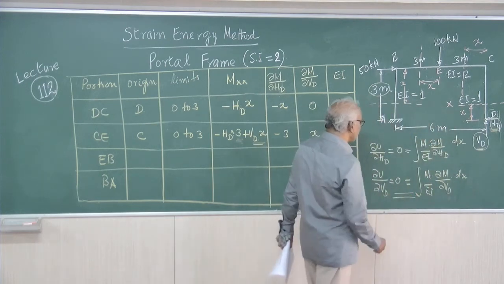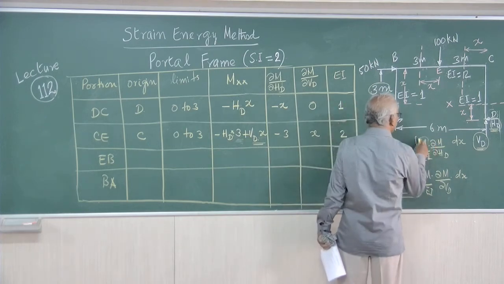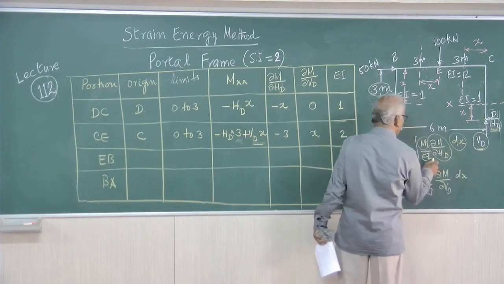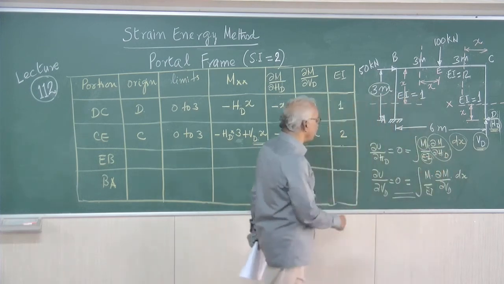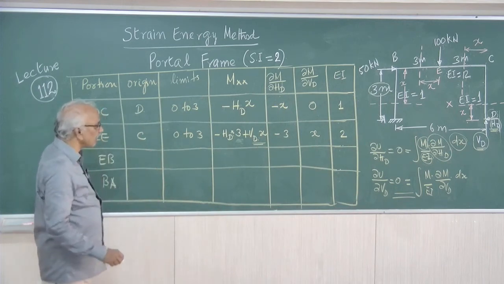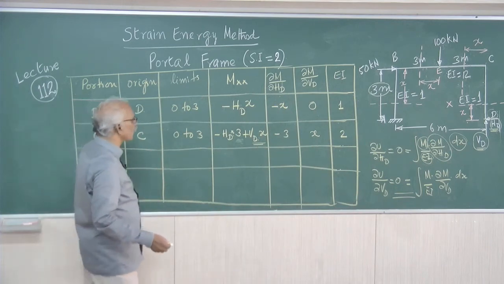These formulas are already known, that is why I have not repeated them. We are just tabulating the values of M, dou M by dou HD, into dx by EI.